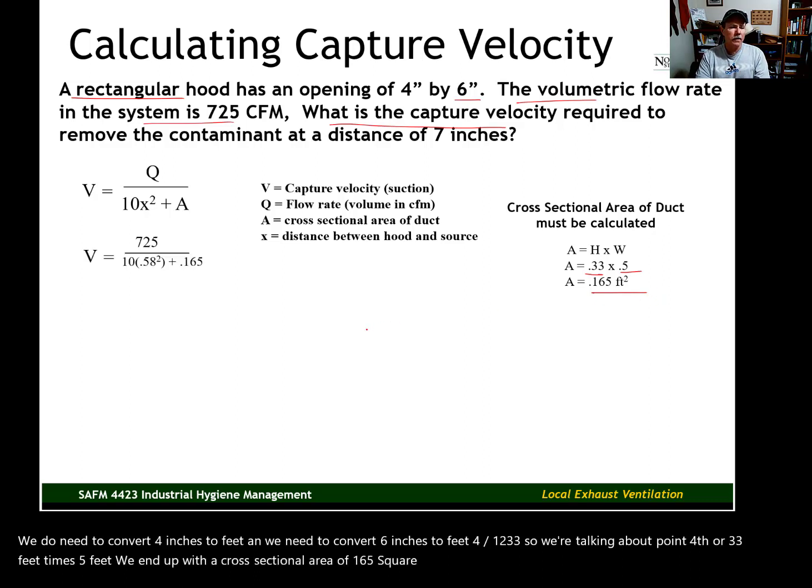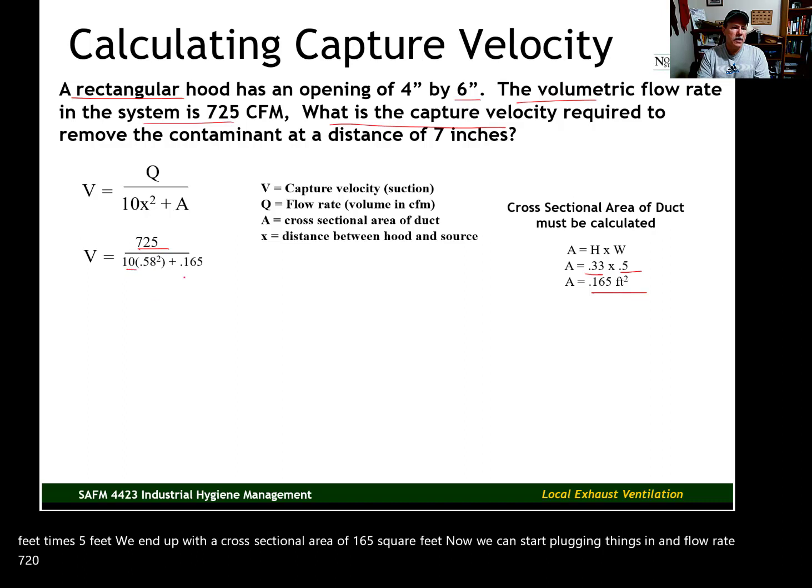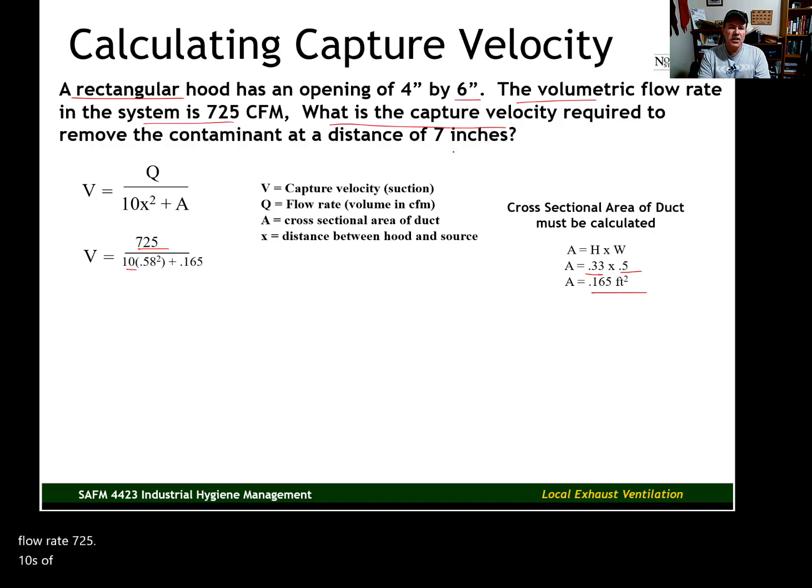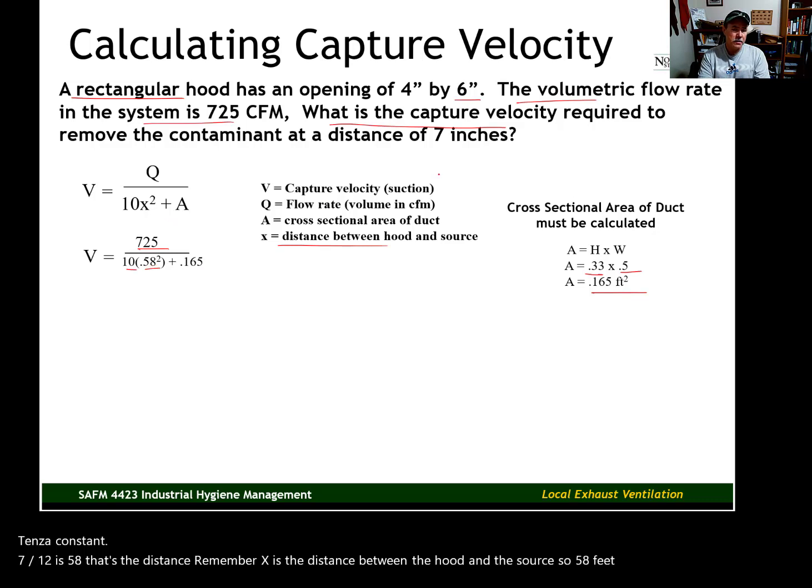Now we can start plugging things in. Again, flow rate, 725. 10's a constant. 7 divided by 12 is 0.58. That's the distance. Remember, x is the distance between the hood and the source. So 0.58 feet is the equivalent of 7 inches.